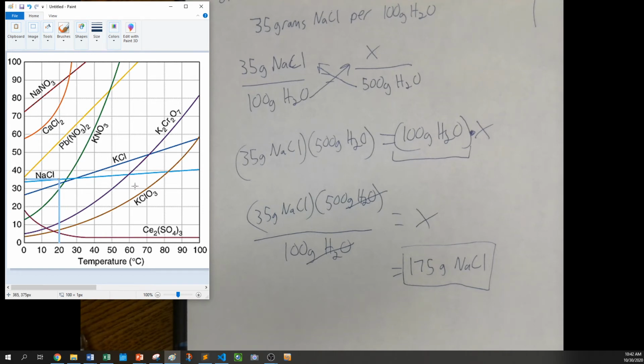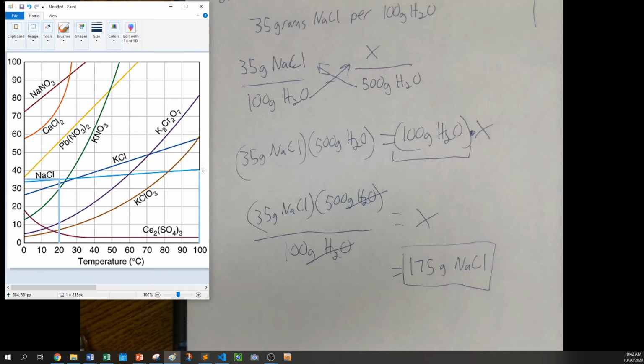We can also see that temperature doesn't really affect salt concentration that much. If we were to reach about boiling point, how much more salt can we put in it?